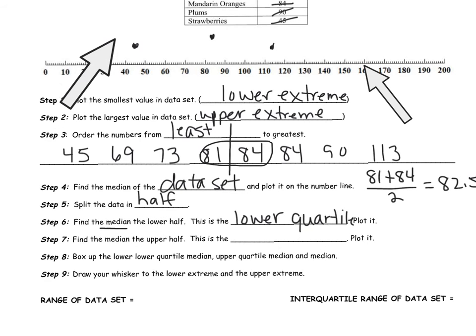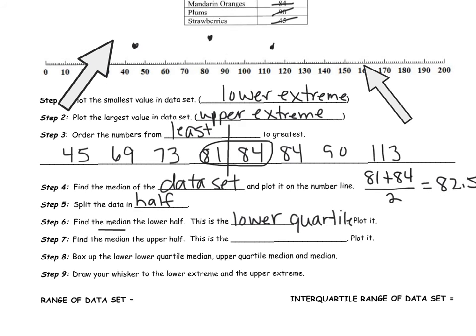Once again I count in, and I see that I've got two numbers in the middle again. So I'm going to have to do 69 plus 73 divided by 2. When I do that, my lower quartile is 71. So I'm going to plot my point right there at 71.